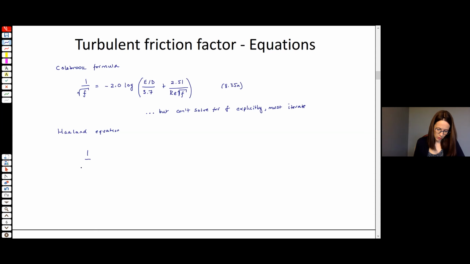So here we've got 1 over the square root of f again, equals now minus 1.8 log base 10 of epsilon over D over 3.7, now raised to the 1.11 power, plus 6.9 over the Reynolds number, right? So we've gotten rid of that square root of f on the right-hand side of the equation, so now it's an explicit equation for f, which is good, but you lose a little bit of accuracy.